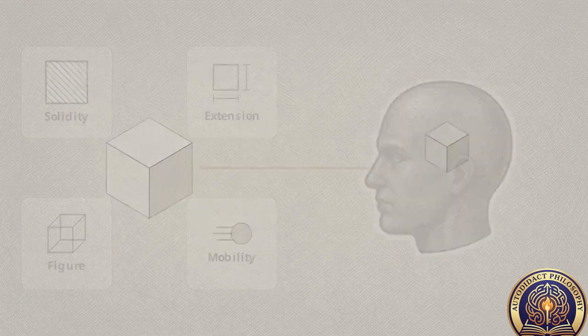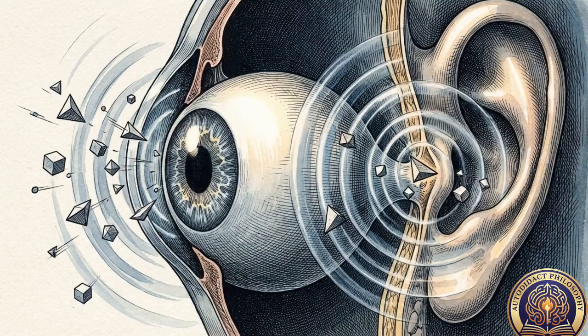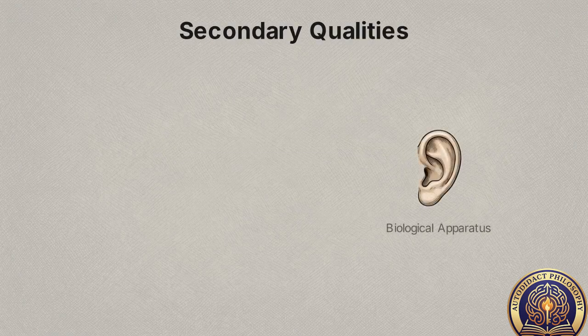in the void. The second category is secondary qualities. These are not inherent features of the object at all. They are entirely mind-dependent relational powers. Secondary qualities encompass our experiences of color, taste, sound, and heat.